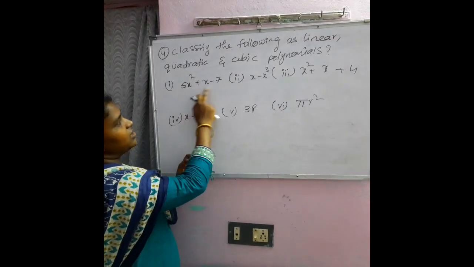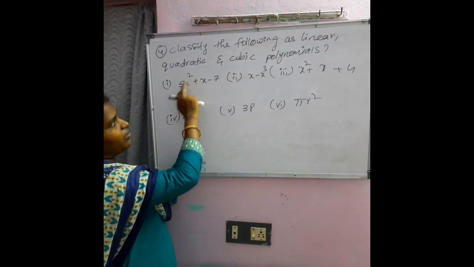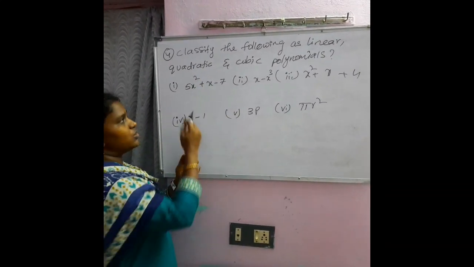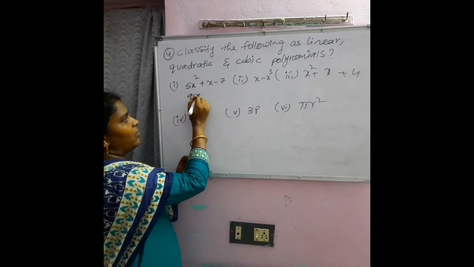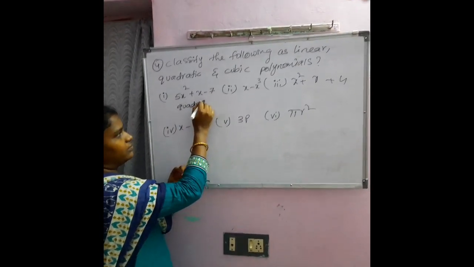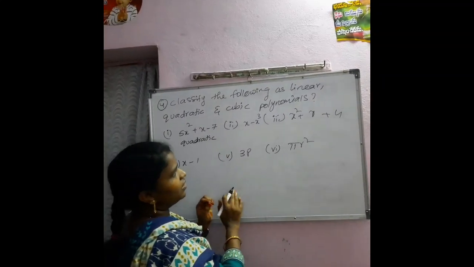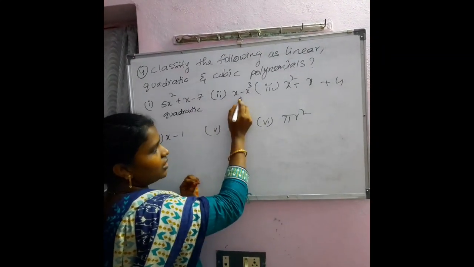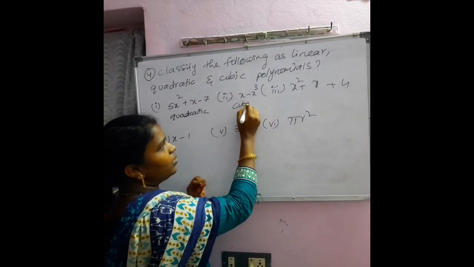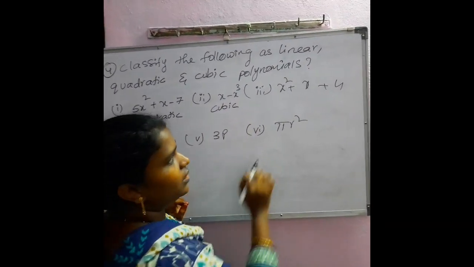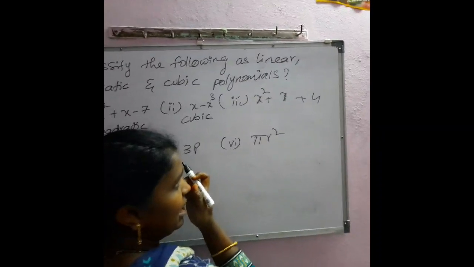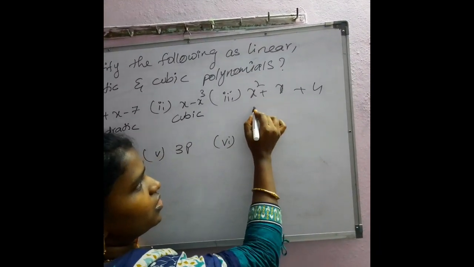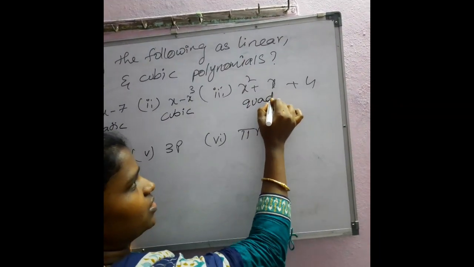Now if you see the first one, the degree of the polynomial is 2. So it is a quadratic equation. The next one, the degree of the polynomial is 3. It is called a cubic equation. And the highest degree in the expression is 2, so it is a quadratic equation.